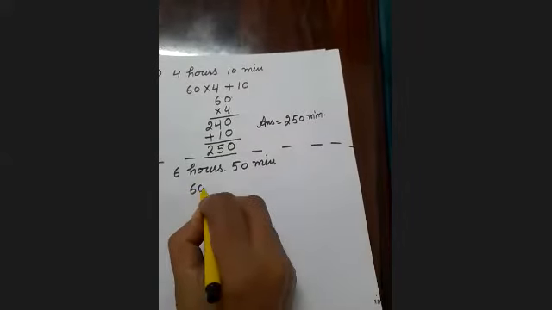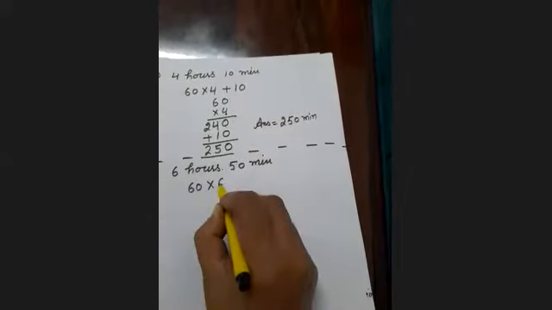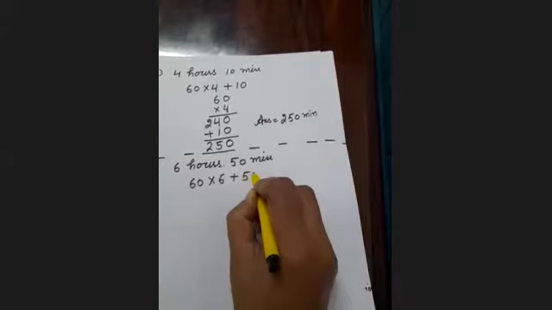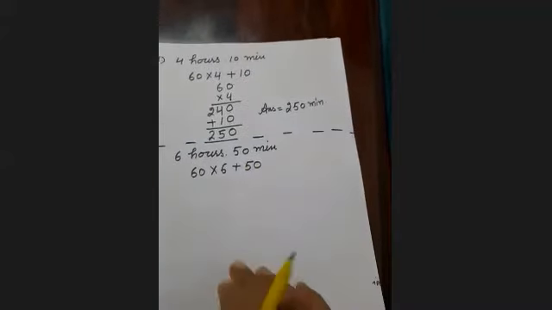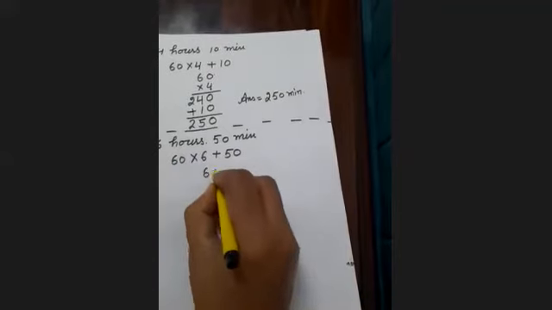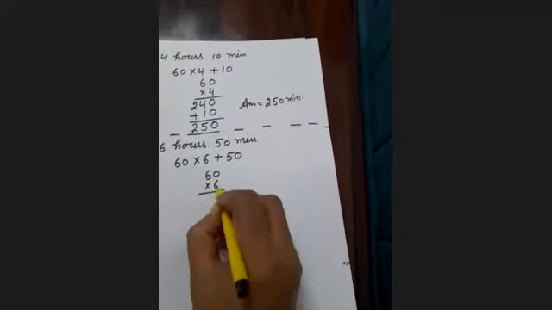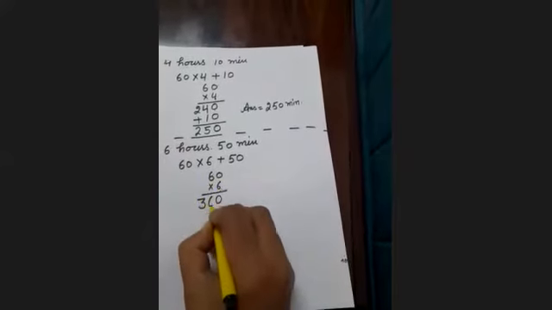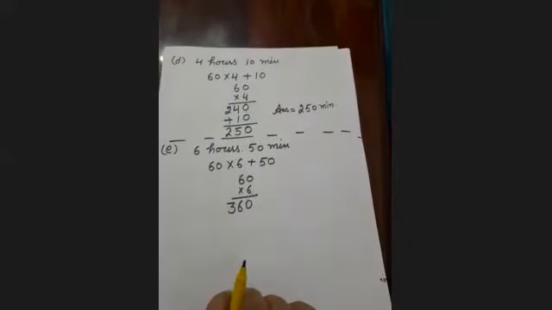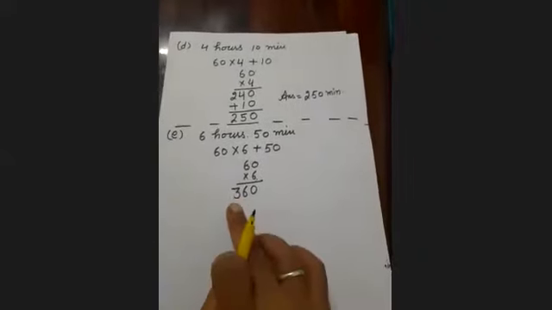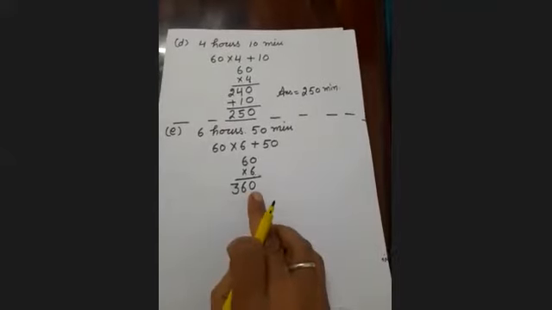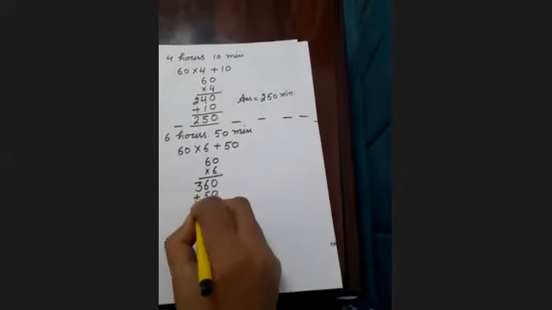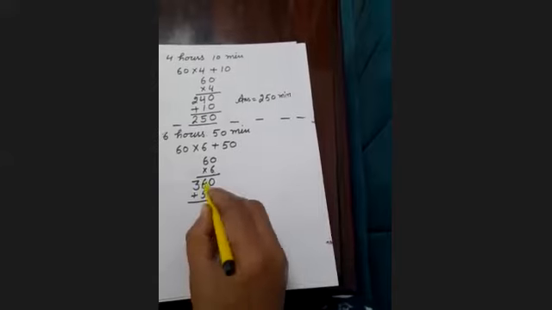60 multiplied by 6, then plus 50. Now, students, 60 multiplied by 6. 6 multiplied by 0, 0. 6 sixes are 36. So, students, in 6 hours we have 360 minutes. Now add 50 minutes as it is. 6 plus 5, 11.